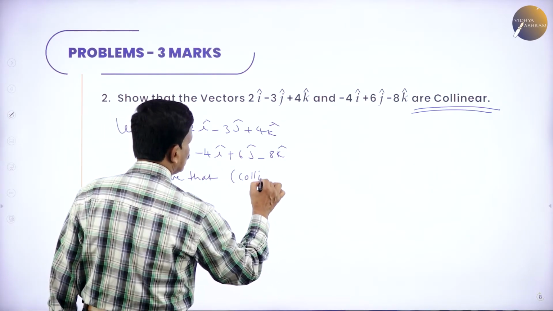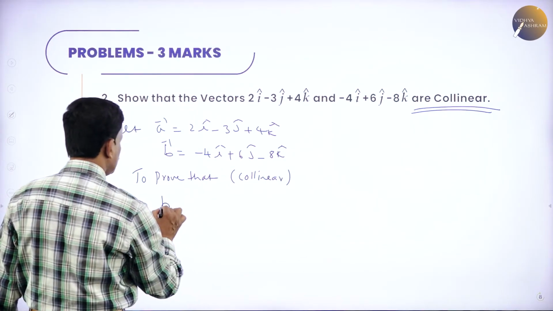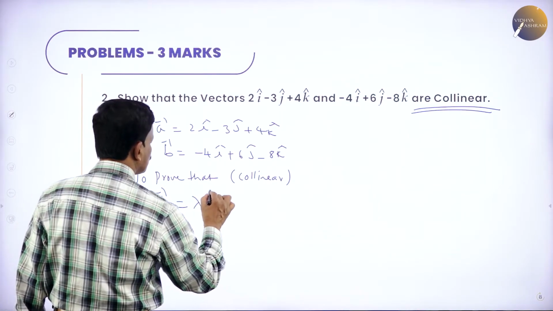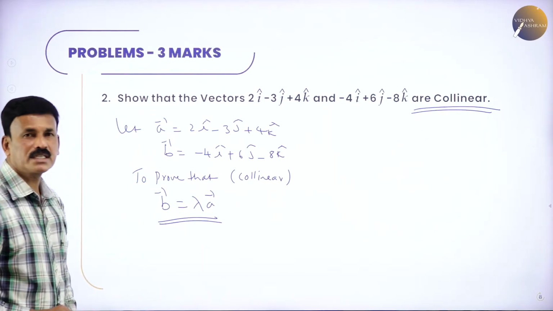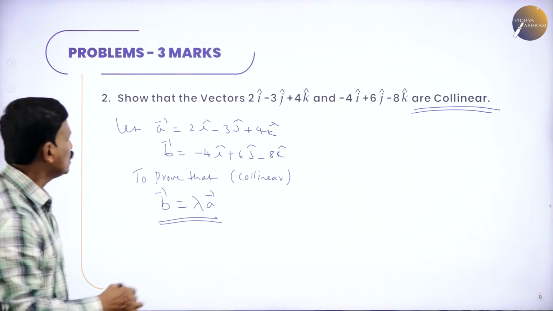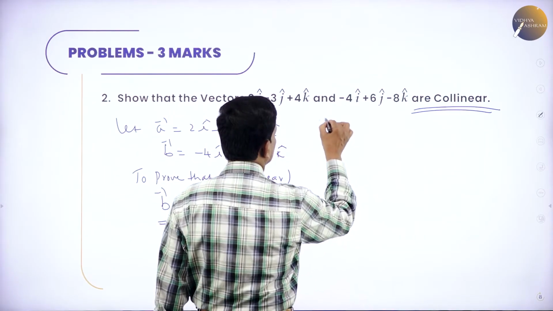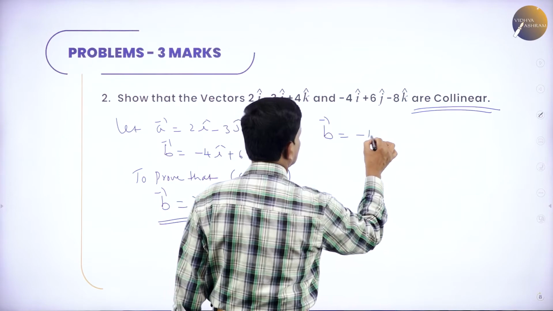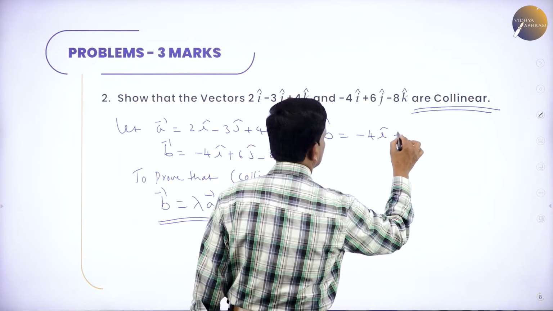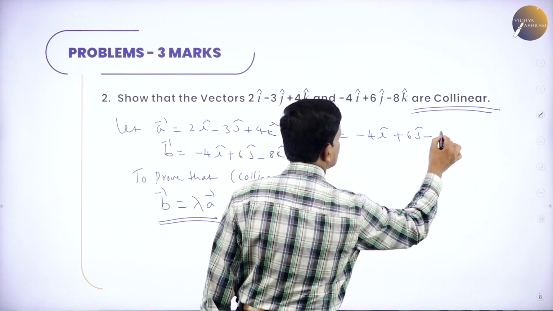For collinear, vector B is equal to lambda times vector A, where lambda is a constant. This is to be proved. Now what is vector B? Vector B is equal to minus 4i plus 6j minus 8k.